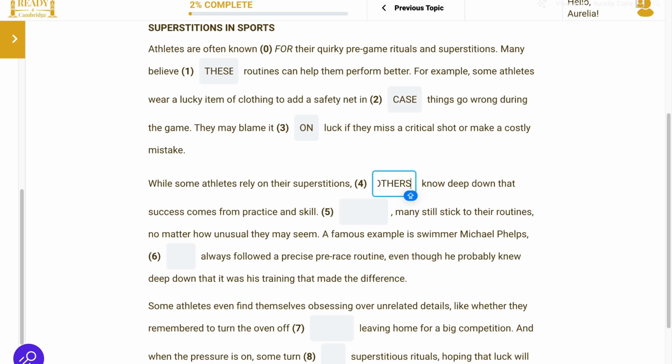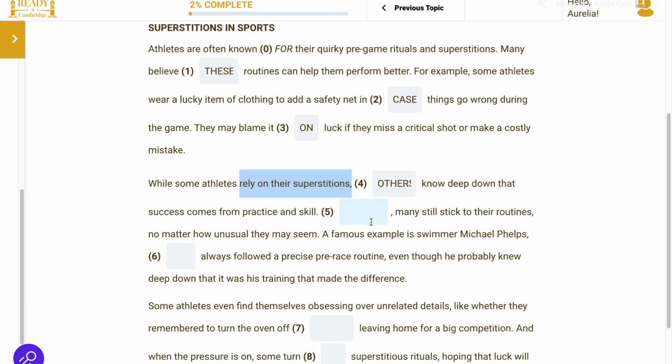Let's move on. Gap sentence 5. However, many still stick to their routines, no matter how unusual they may seem. This sentence starts with a word that signals contrast. So, what fits here? Many still stick to their routines contrasts with the previous sentence, the ones that do rely on superstitions.